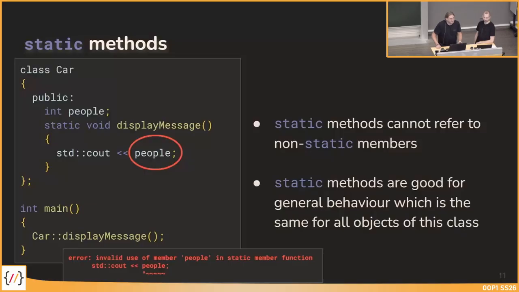Yes? Is it important in which class we write this static method? Like we have class car and class human, and it's important that the static void display message is written in car. So the question is, if we have another class called human, does it matter if the static method is in the car class or in the human class?